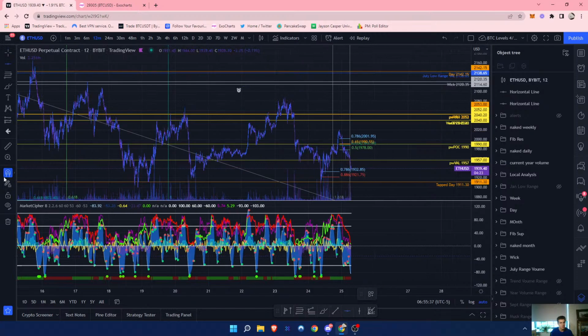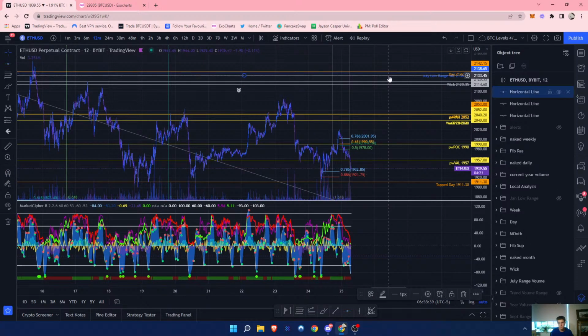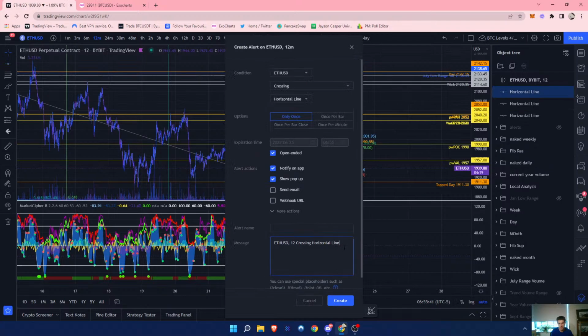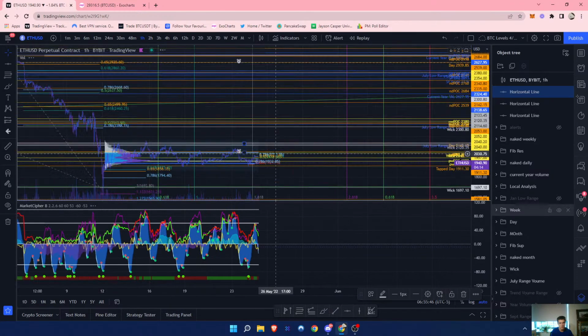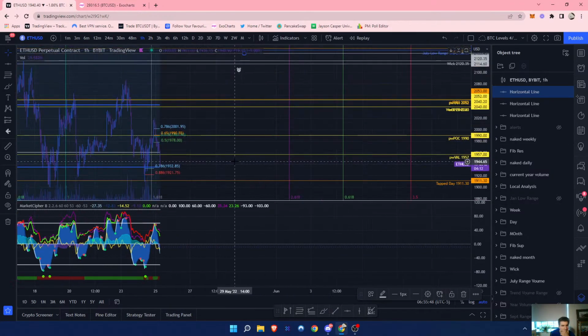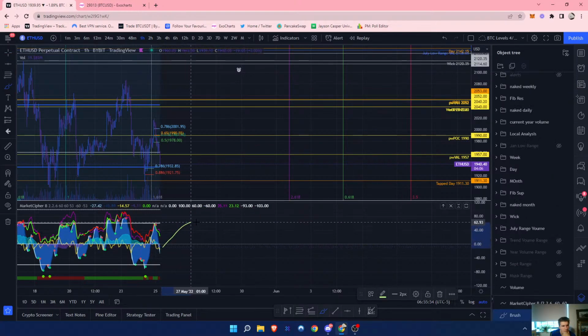Short number 2, let me turn off my magnet tool, is this July range, and really just looking at Market Cipher B. Would be a 1 hour. We'll have momentum coming up. Don't want to see it going above this momentum wave, and then of course you want to see money flow stagnating. Don't want to see it above here, so really below a 27 level.